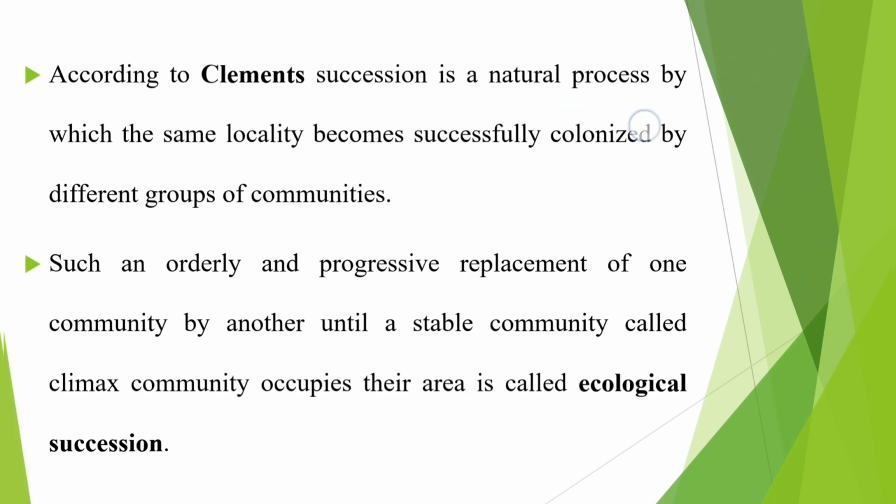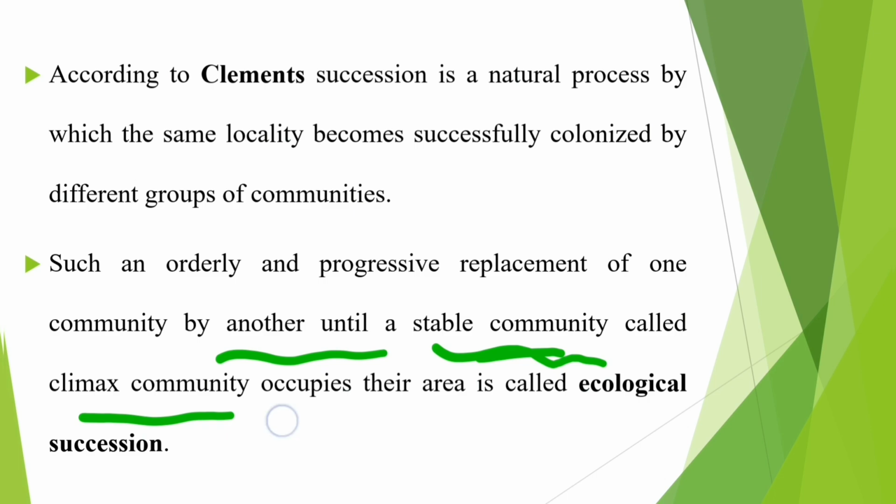According to Clements, succession is a natural process by which the same locality becomes successively colonized by a different group of communities, an orderly and progressive replacement of one community by another until a stable community, called the climax community, occupies the area. This is called ecological succession.